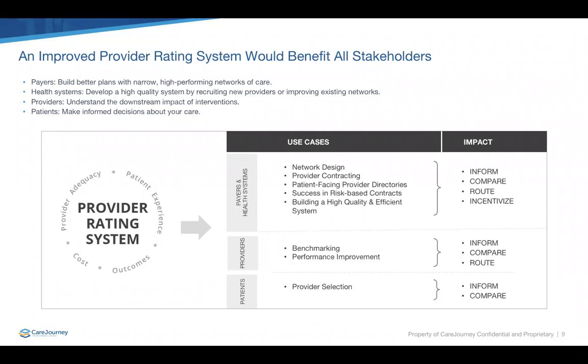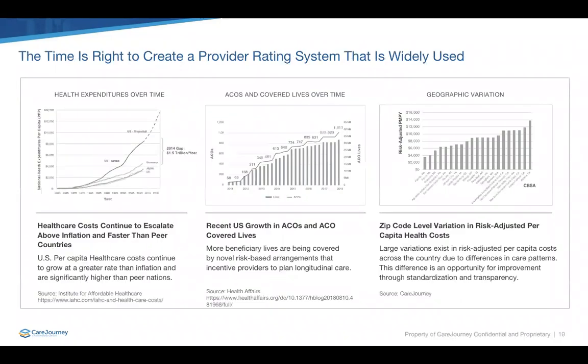And ideally, we need to live in a world where consumers have more informed access to the information about how and where to seek care. Throughout this presentation, I'm going to be referencing back a number of specific use cases, but it's important to understand everyone in the move to value would benefit from a trusted, transparent provider rating system.